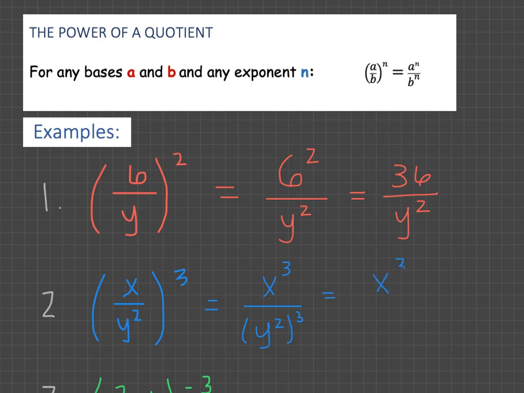Numerator is x cubed, x to the 3rd. In the denominator, we've got exponent to exponent, so we can multiply 2 times 3. So our final result is x to the 3rd over y to the 6th.